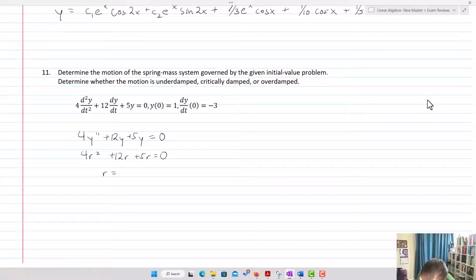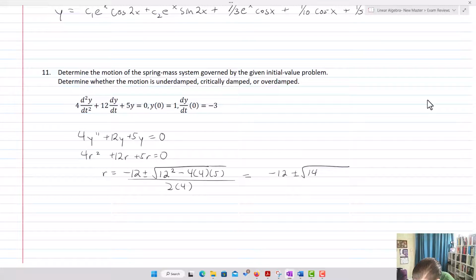So r is going to equal negative 12 plus or minus the square root of 12 squared minus 4 times 5, all over 2 times 4. So this is negative 12 plus or minus the square root of 144 minus 80, over 8.